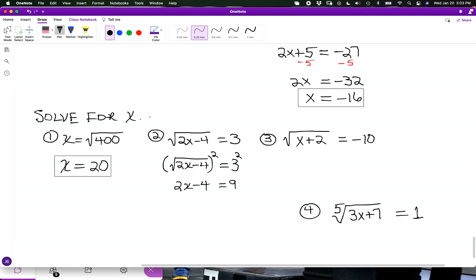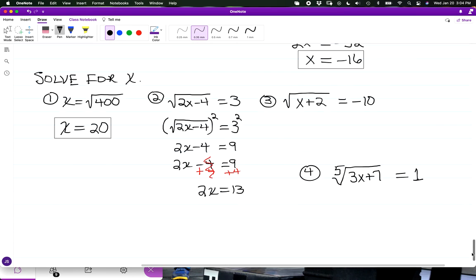Okay, so here we have a two-step linear equation. So if I add 4 to both sides, I have that 2x is equal to 13. Okay. What do we have for x? We have a non-integer value.